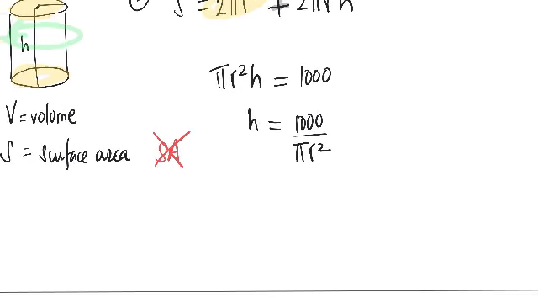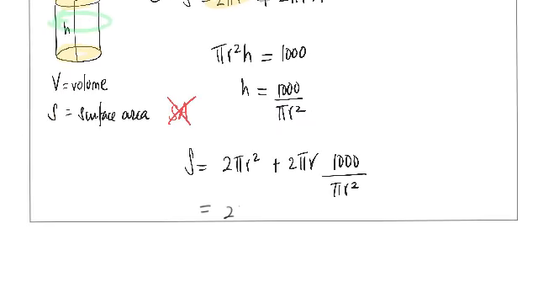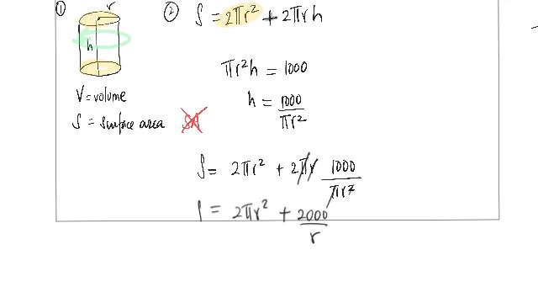So now I can go back into that surface area formula and rewrite it by eliminating one of the variables. I'll choose to eliminate h in this case. And so I get 2 pi r squared plus, I can just cancel some things and get 2,000 divided by r. Okay. So now I have this optimization equation. S is equal to 2 pi r squared plus 2,000 divided by r.